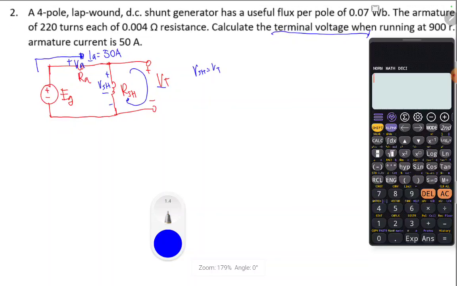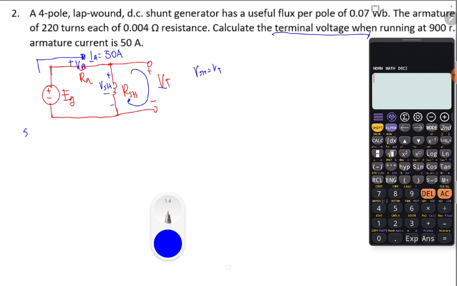Now, in order to solve for VSH, we take KVL at mesh 1, in which we'll have negative EG plus VA plus VSH equals 0. So VSH is equal to EG minus VA.